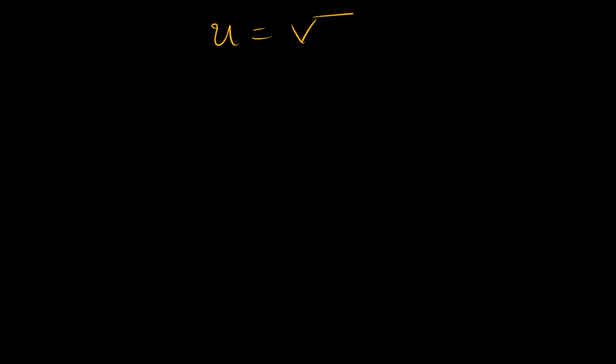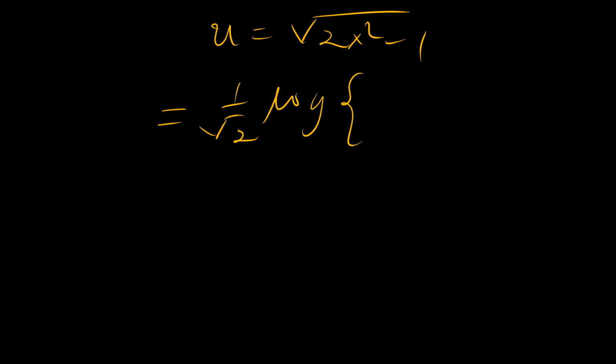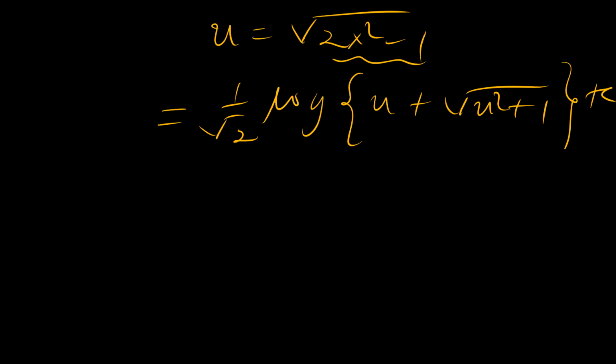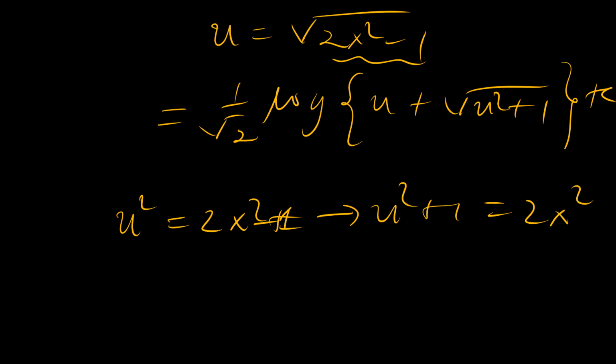Since u had been equated to the square root of 2x squared minus 1, our integral now is of this form, plus c. u squared is equal to 2x squared minus 1, and that means that u squared plus 1 is 2x squared, and therefore the square root of u squared plus 1 is equal to root 2 x, right?